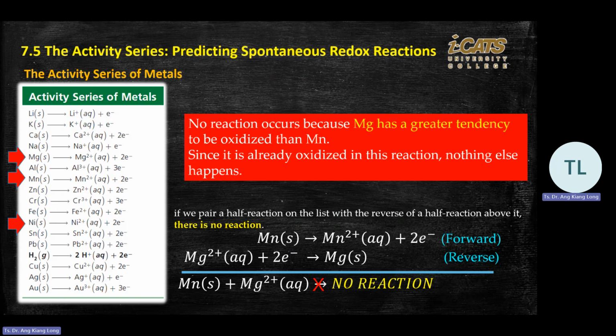If you are asked to predict a redox reaction, you need to know element A has a greater tendency than B. If the question asks you to predict, you need to write: is it reaction or not? If no reaction, then write which has greater tendency than B. If there is a reaction, you write the same sentence also. There's a forward reaction because either oxidation or reduction happens, and element A has greater tendency to be oxidized than something.